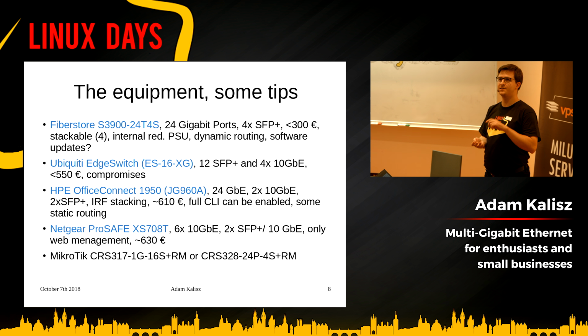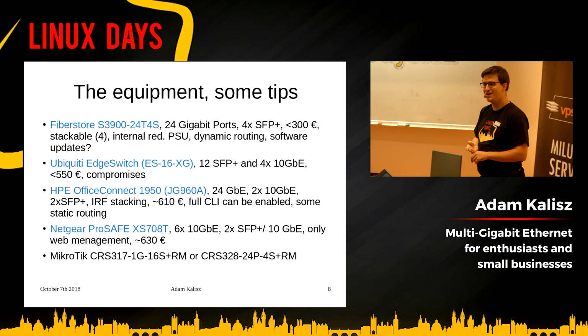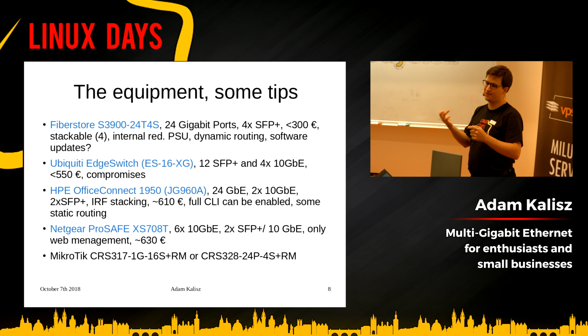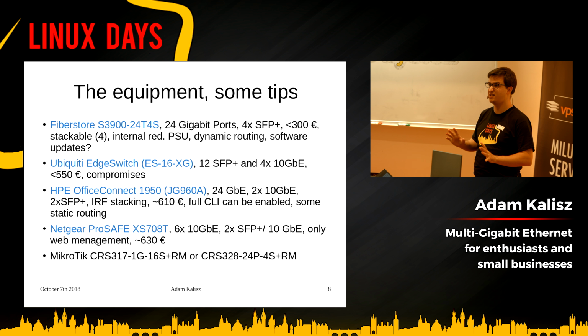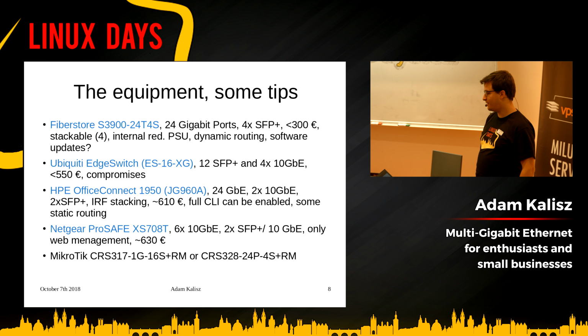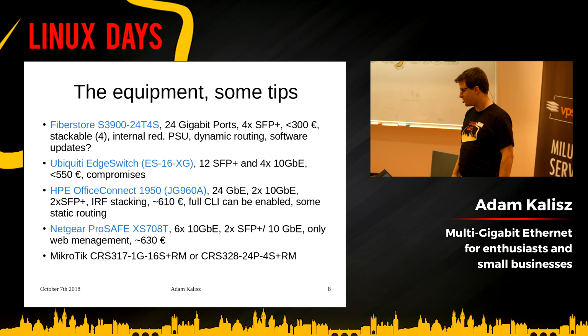So we need at least 3 connectors. We need 2 10 gigabit Ethernet connectors and 1 for the rest of the network, at least. So I propose a FiberStore switch, which is the cheapest option on this list, but does a lot.